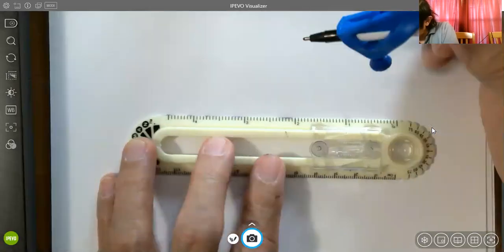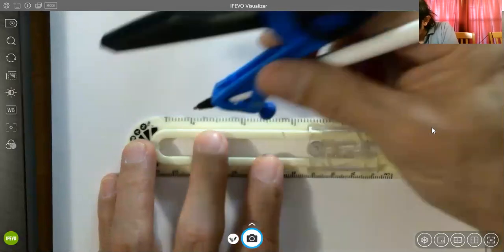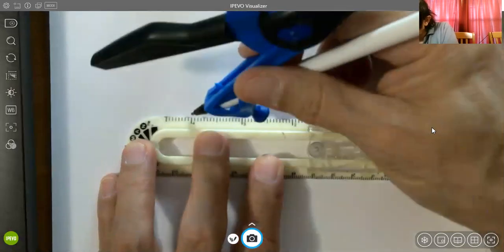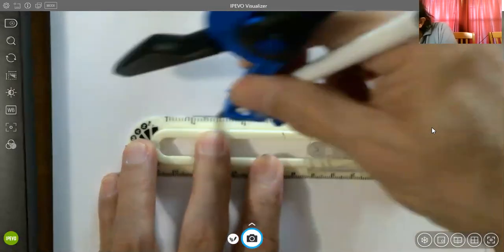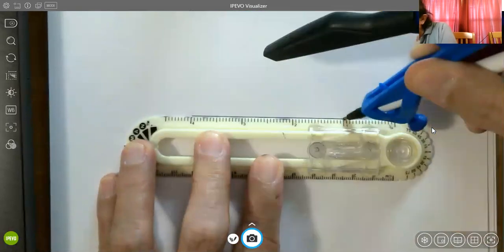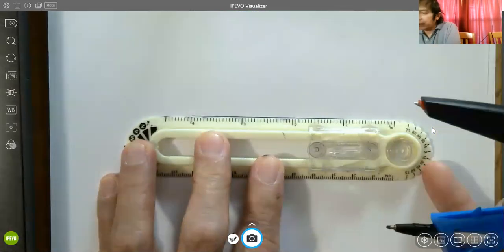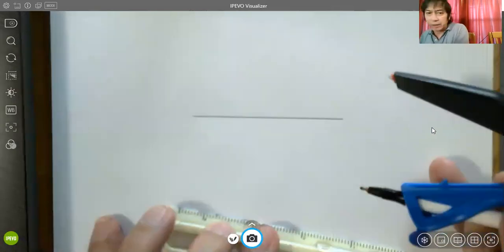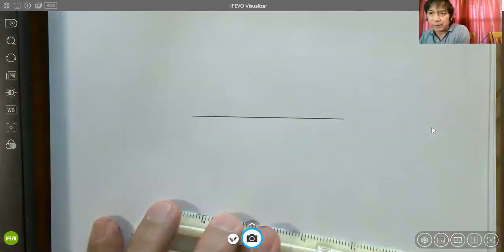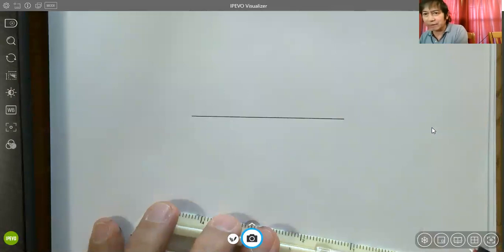You can see it from our straight edge. This is about 3 inches. Now we're going to divide this exactly 1.5 inches on each side.